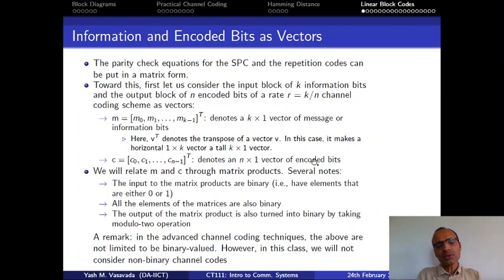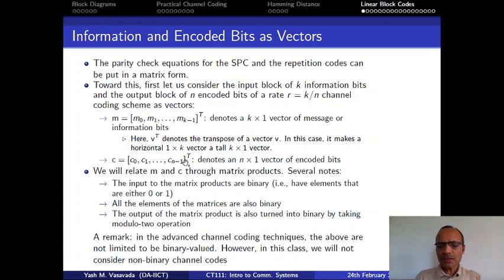Both these vectors m and c we will make tall vectors, with dimensions k cross 1 for m and n cross 1 for c. These are binary vectors, just zeros and ones. That is the first step to start going on this linear algebraic path of understanding channel coding.